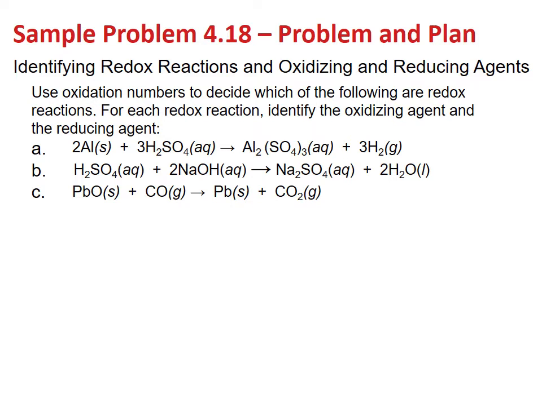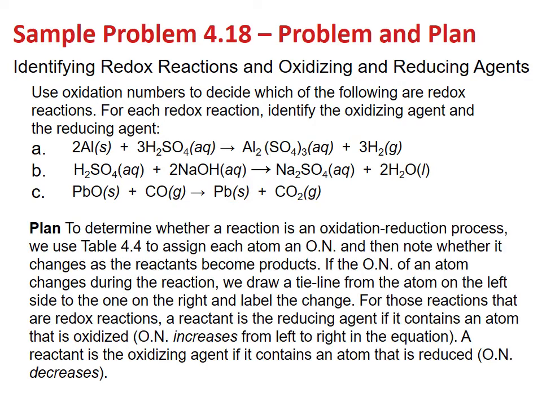Sample problem 4.18. Use oxidation numbers to decide which of the following are redox reactions. For each redox reaction, identify the oxidizing agent and the reducing agent. For these questions, we first need to assign oxidation numbers for each atom, and then note whether it changes as the reactants become products.